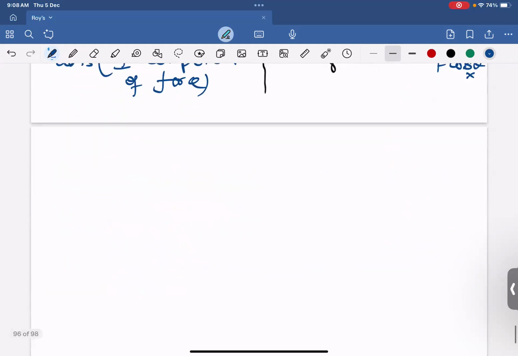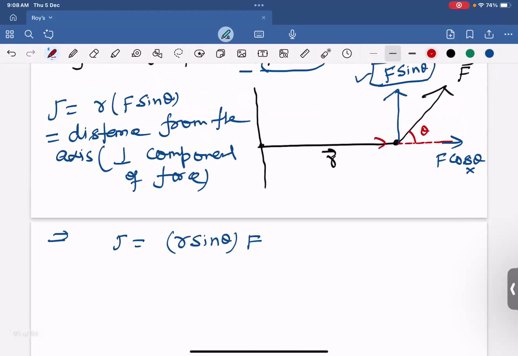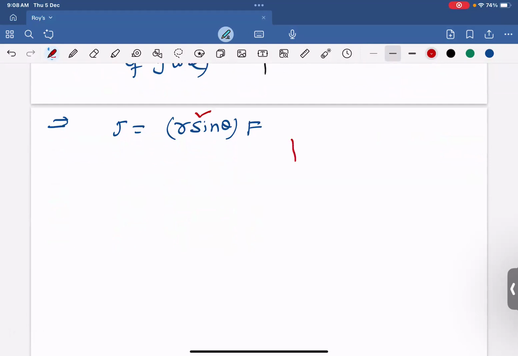You can also write it this way: torque is R sin theta into F. Both are the same thing. Here I have written R into F sin theta, where I have taken the perpendicular component of force and multiplied it with R. I can also take the perpendicular component of R and then multiply with F. Suppose this was R, and you have applied some force F here, and the angle is theta.